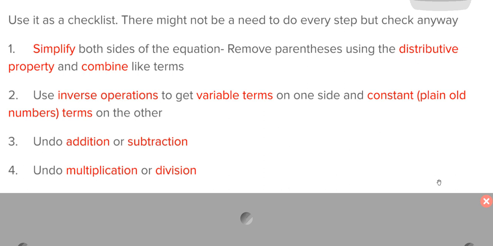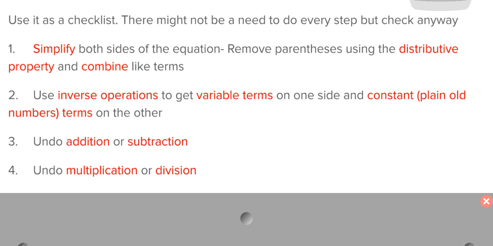Really, once you get to step two, it's more often than not going to be a one-step equation. And then we're going to go through a couple here so you can see it done. But that's the checklist. Simplify both sides of the equation, get all the variable terms on one side and the constant terms on the other, and then undo addition or subtraction or multiplication or division, depending on what you have left.